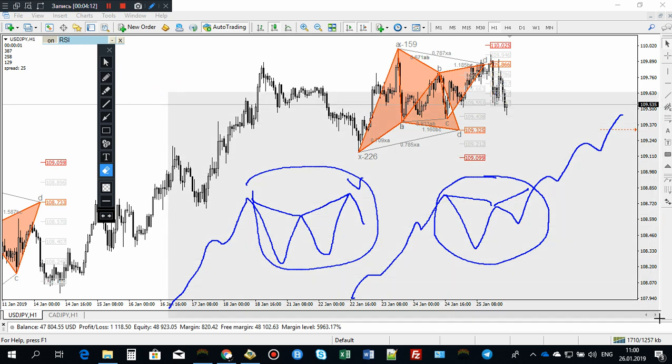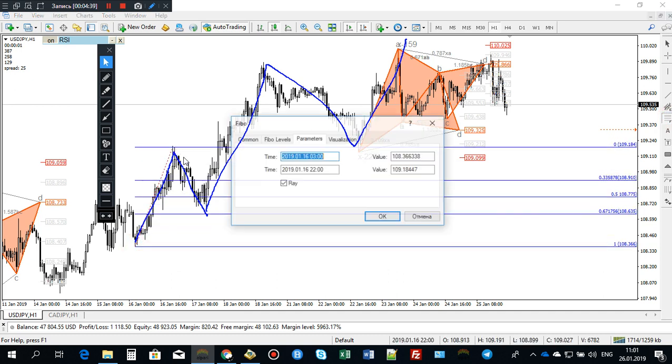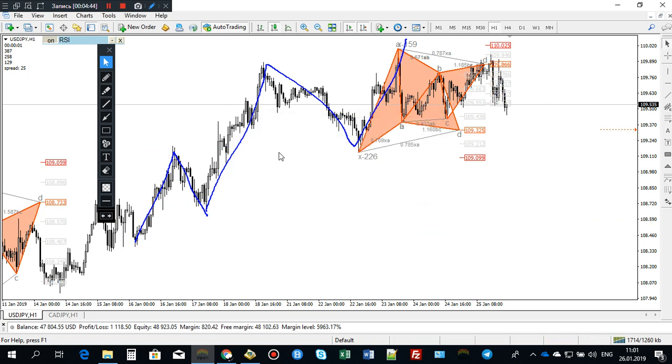And the next problem with manual swing identification is that when you backtest manually, it is very time consuming, very monotonous, hard work. You have to identify swings first, draw them like this, then measure these swings to find the retracements. So you stretch it, and this one is 618 or whatever, and after you measure the retracement and you understand that the ratios between these swings are exactly the ones you need for the pattern to be valid, what do you do next?